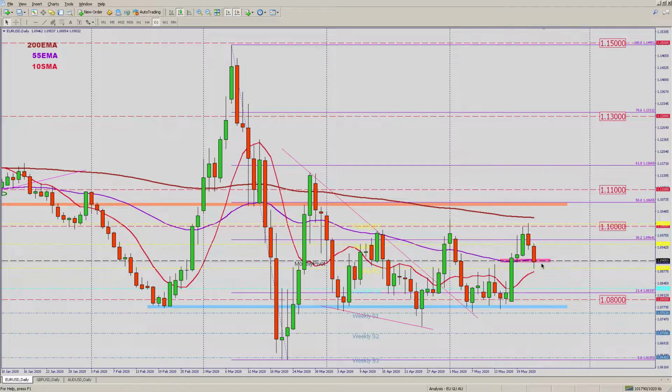So for this coming week, it won't be surprising if it continues to consolidate as it goes into the last week of the month.